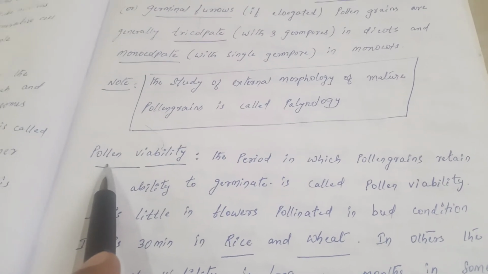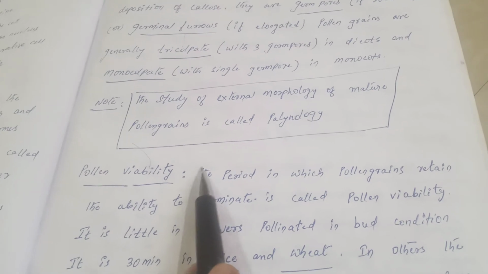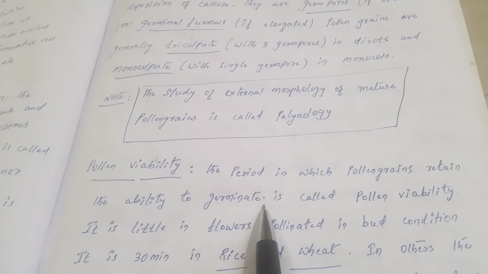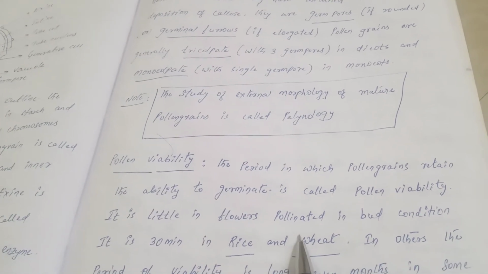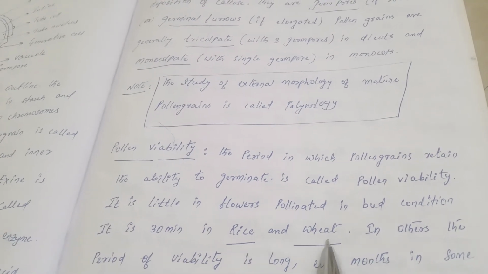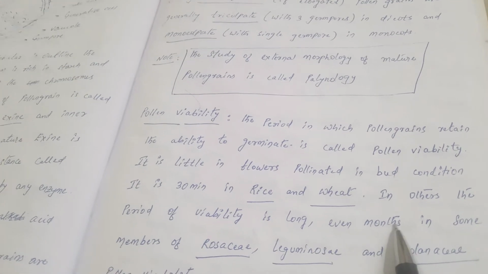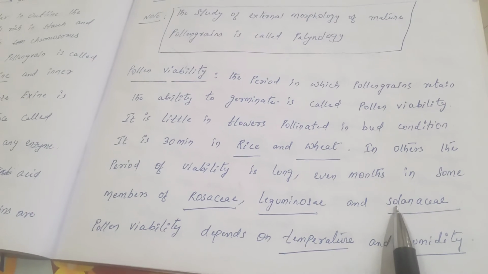Now we will look into some important points regarding pollen grains. The first one is pollen viability. The period in which pollen grains retain the ability to germinate is called pollen viability. It is little in flowers pollinated in bud condition. It is about 30 minutes in case of rice and wheat. In others, the period of viability is long, even months, in some members of Rosaceae, Leguminosae and Solanaceae.